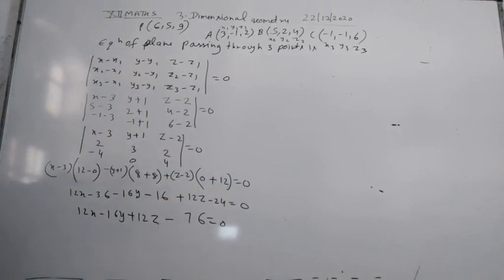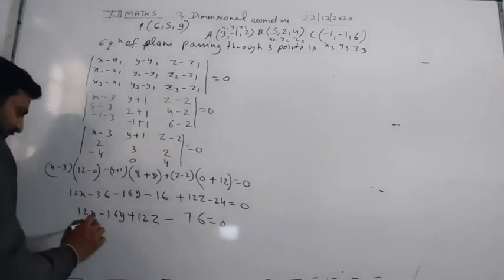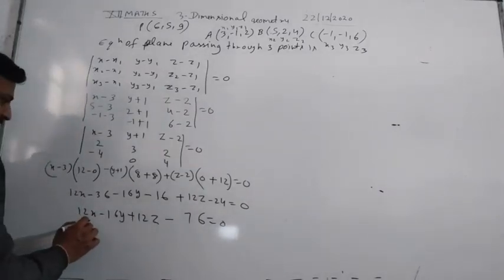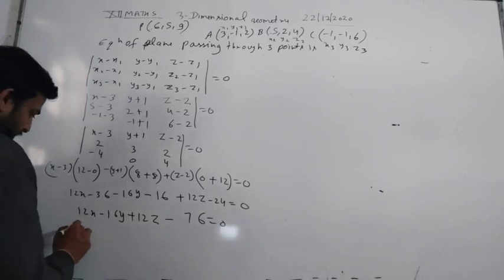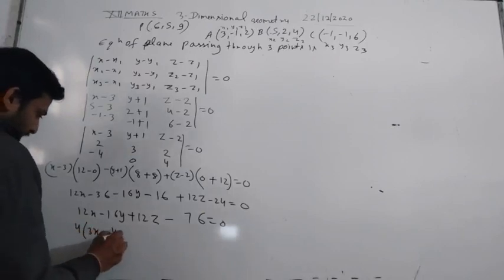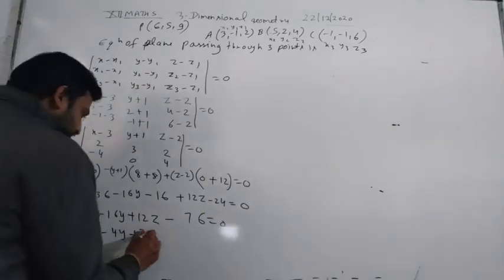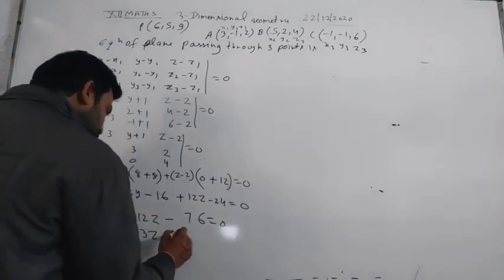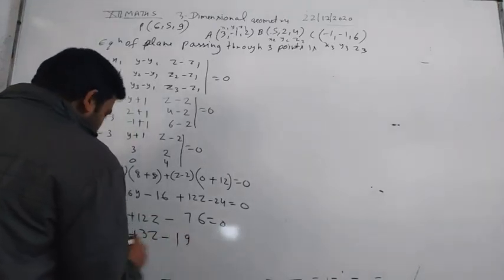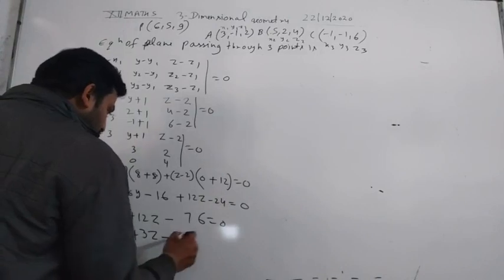Now dividing by 6, we get 3x minus 2y plus 2z minus 15.